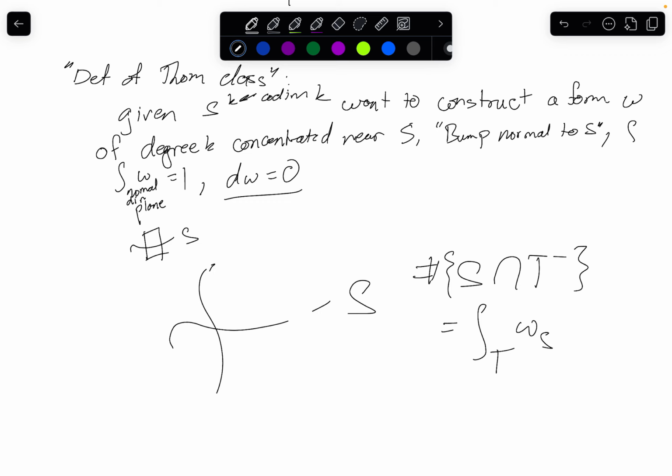So if this is your manifold T, then we can take the integral of this guy that's perpendicular to S along T, and this will give us some number which counts the number of intersections. Now, if you remember, we said that this shouldn't change if we move T along to another guy T prime. So what that means is that this should be the integral over T prime of omega S.